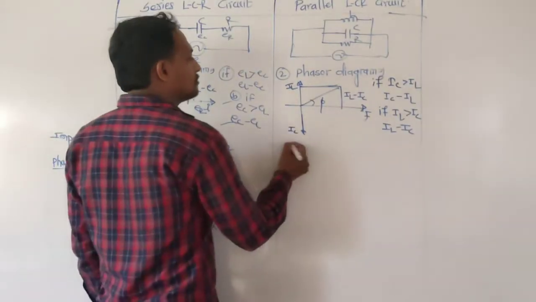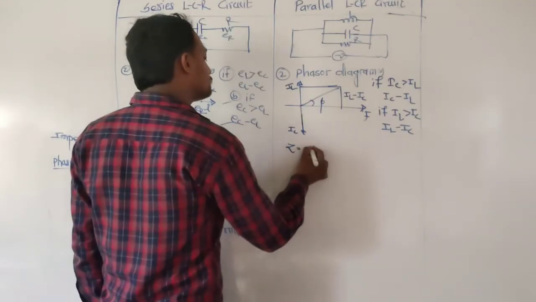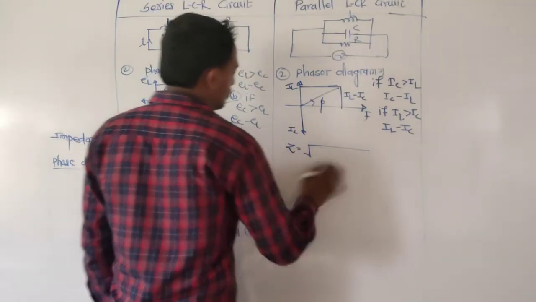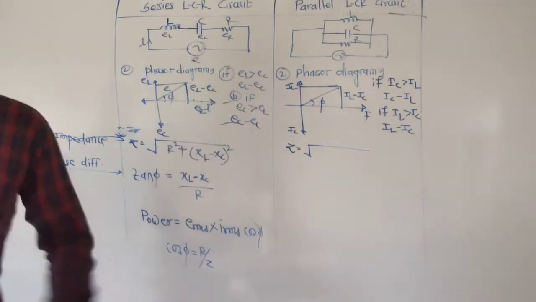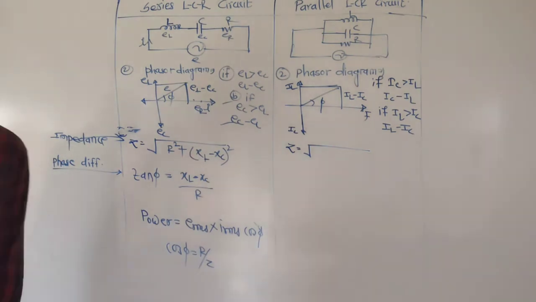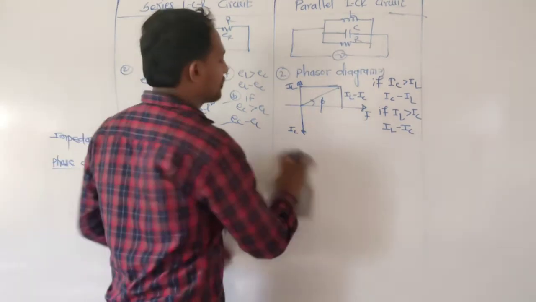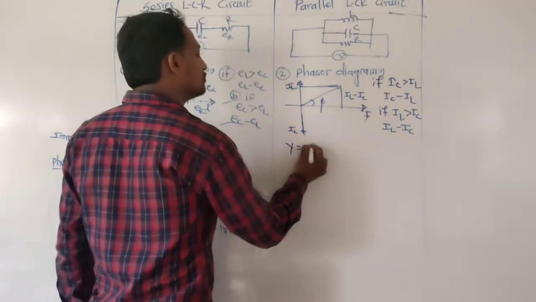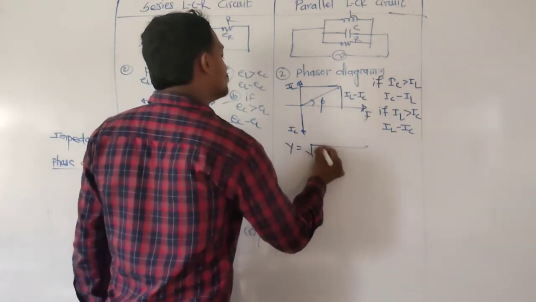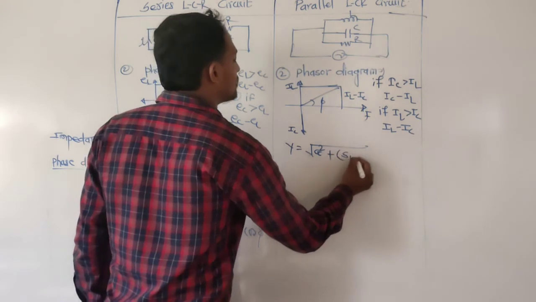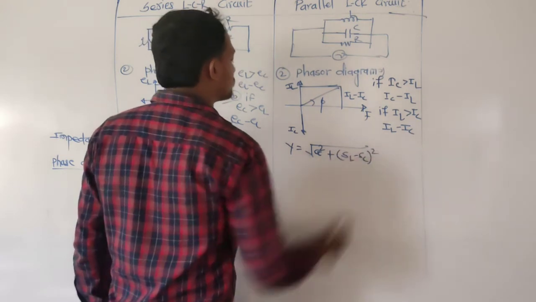After this, what should we have? Not impedance here, we have to find the admittance. Admittance Y is equal to the root of G square plus (SL minus SC) whole square.